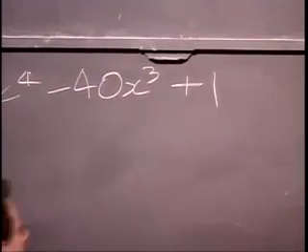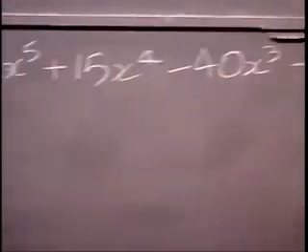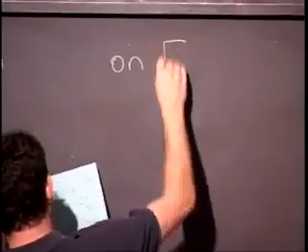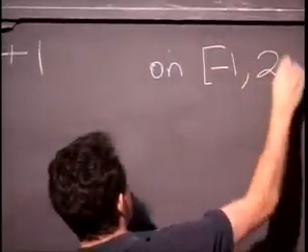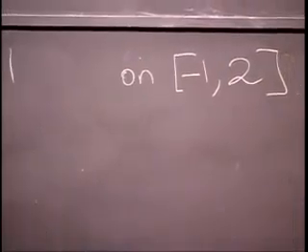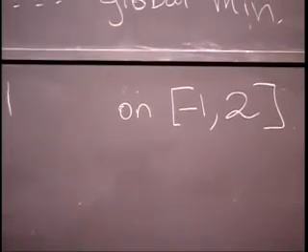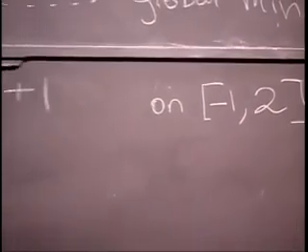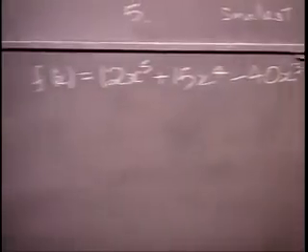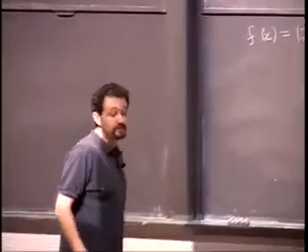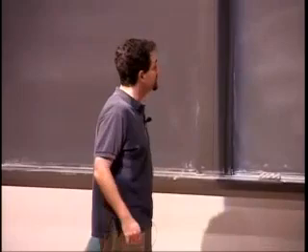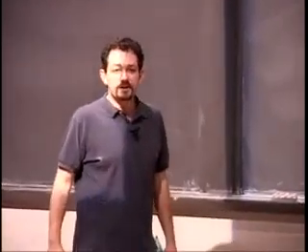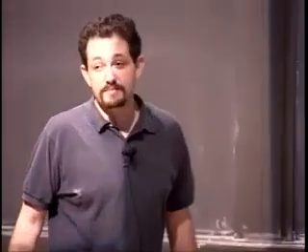And even though this could easily be defined everywhere, I'm going to define this on the domain minus 1 up to 2. And I want to know where are the global maxima and minima of this with respect to its domain, minus 1, 2.